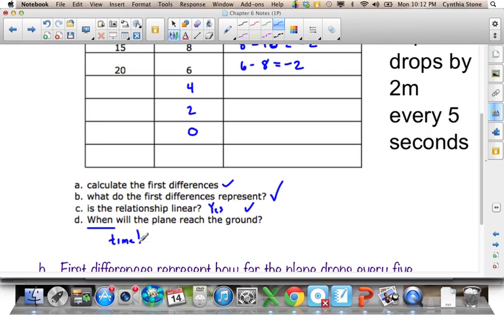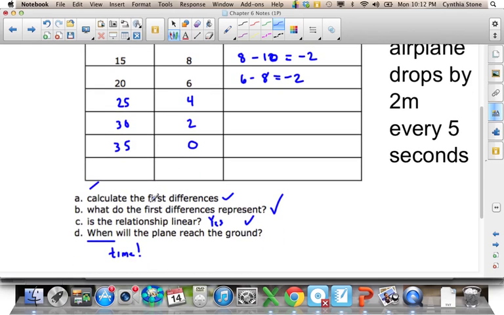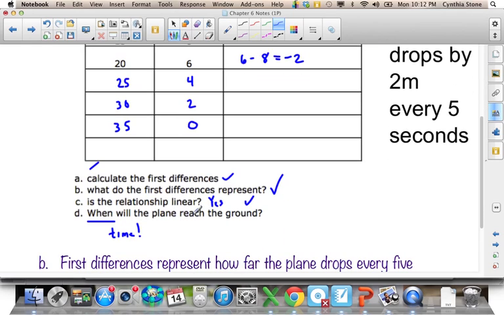So we're going to fill in the table of values because the x's follow the pattern 5, 10, 15, 20. It goes up by 5 seconds every time, so this would be 25, 30, 35. That means at 35 seconds it'll hit the ground. And that's my answer.